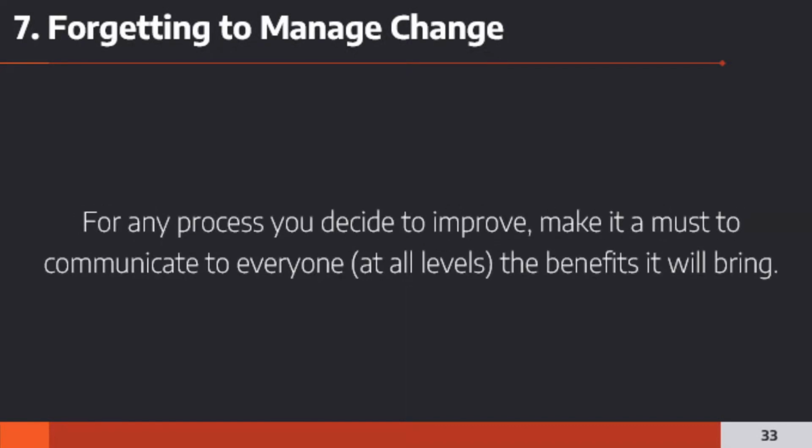For any process you decide to improve, make it a must to communicate to everyone in all levels the benefits that it will bring. So, an organization automated a process within a business unit due to a change in policy, right? So, for example, if only one member of the management team knew about this change, and he has not echoed this to the entire department or management team, the result is that, plain and simple, the others are unaware.